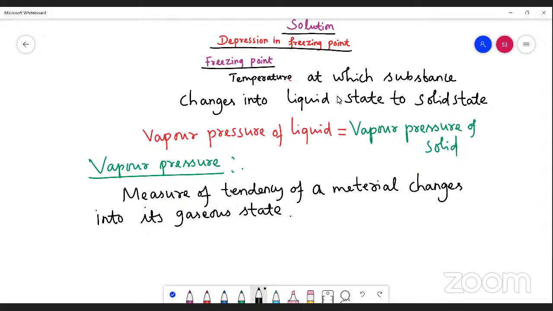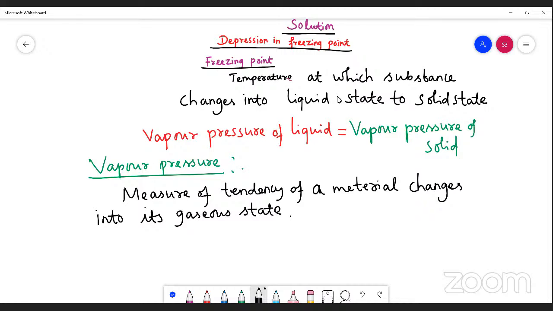Now, simply, the definition for a freezing point is a temperature where the change is from liquid to solid. This is called the freezing point.